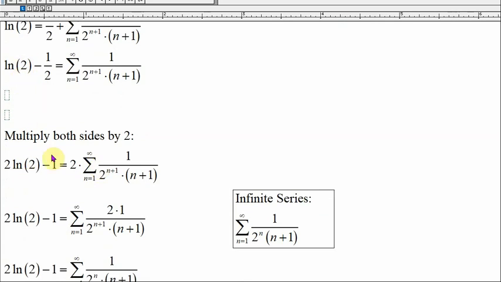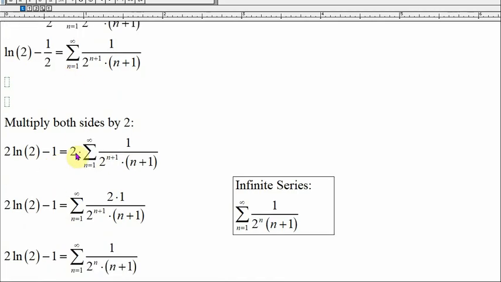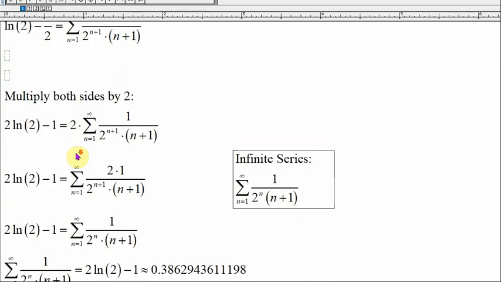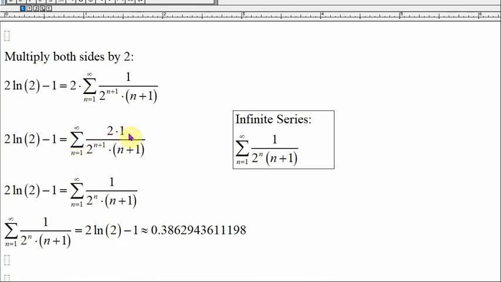And multiplied by 2, we get negative 1. And then here we're multiplying by 2, so this will be 2 times 1, and then 2 dividing by 2 to the n plus 1 is just 2 to the n down here. And now we can see that this series looks exactly like this.